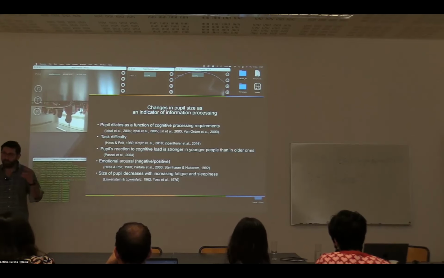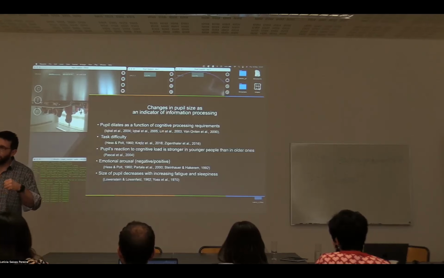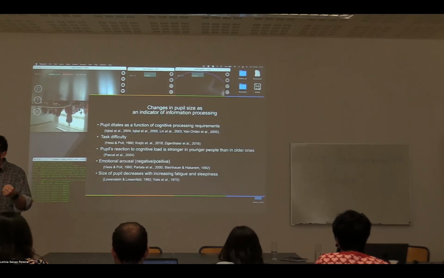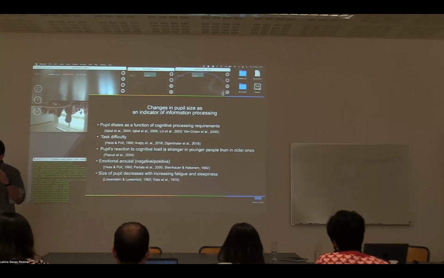Also, the changes in the pupil were proved somehow to represent, or can be linked with, the cognitive load. It's quite a bit more complicated. The more changes in the pupil size, more high frequency oscillations in the pupil size, the more cognitive load we can expect in the person.